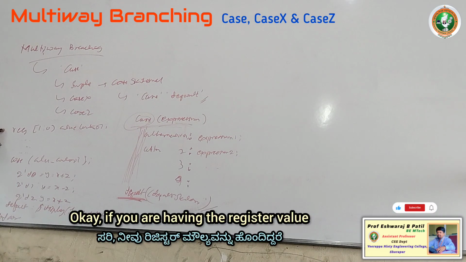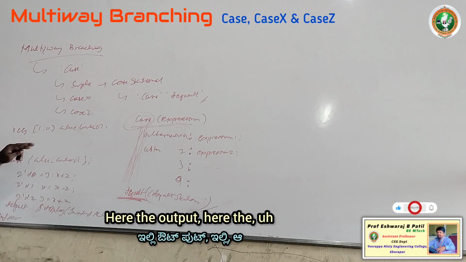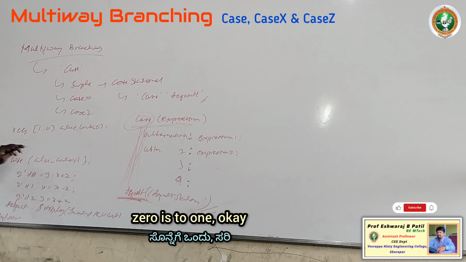If you have the register value as 1:0, here we have the two values, and here the output 0:1. These are the cases.